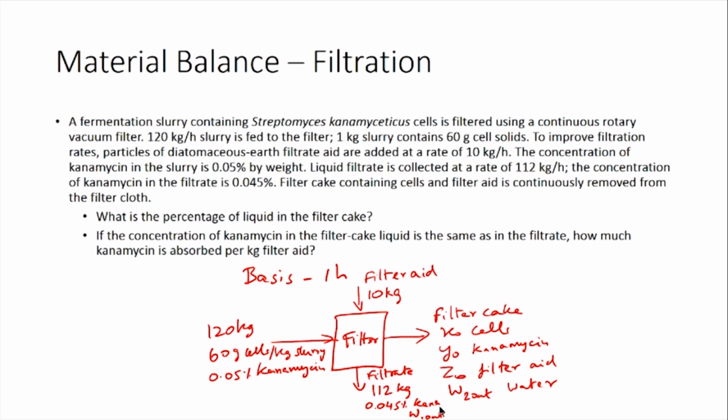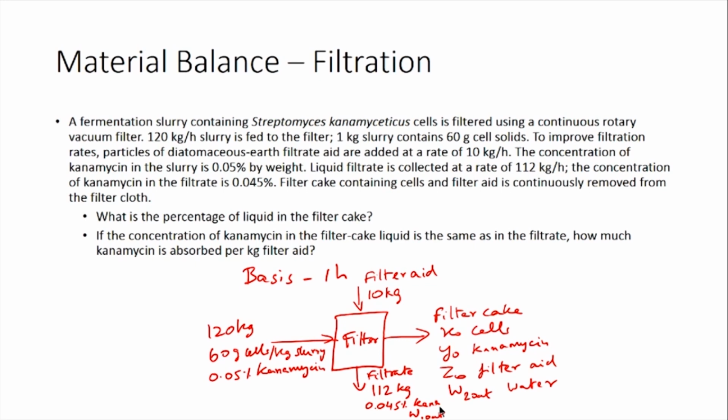Now, if you look at the concentration of kanamycin, which is the dissolved component, in the filter feed and the filtrate, you would see that there is a decrease, which indicates that some of the kanamycin which has been fed to the system has actually been absorbed by either the diatomaceous earth filter aid or the cell solids itself.